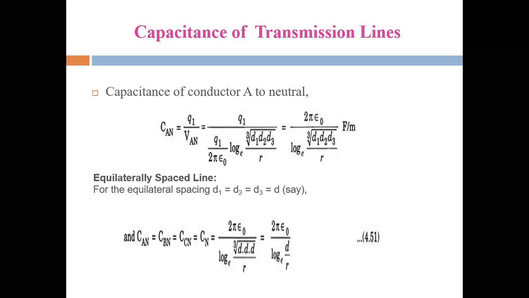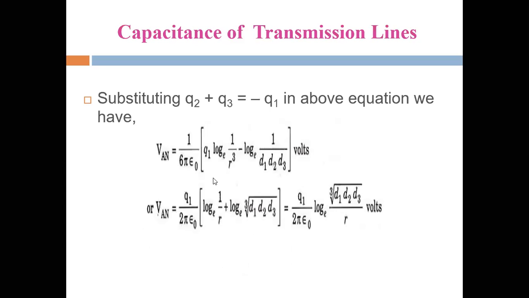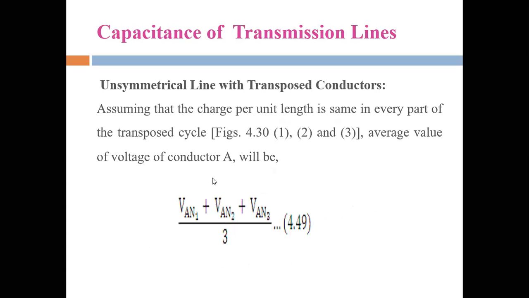Similarly we calculate the capacitance for single phase overhead lines and also three phase overhead lines. In three phase overhead lines we have two conditions: unsymmetrical spacing lines and symmetrical spacing lines. In unsymmetrical spacing lines we also take transposed conductors, which is why we calculate VAN1, VAN2, VAN3.